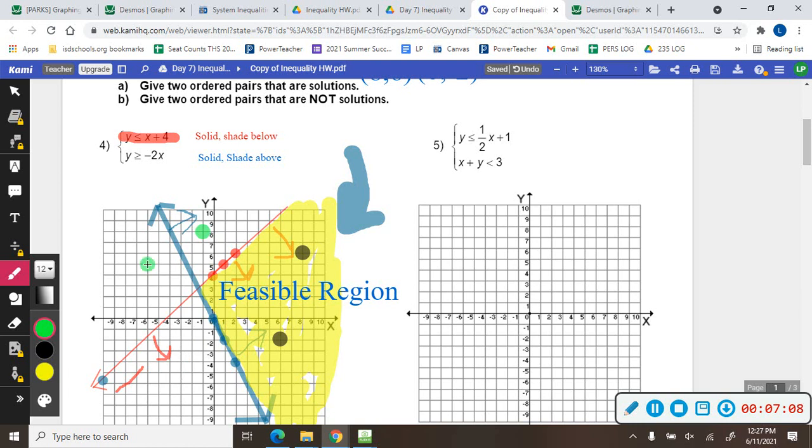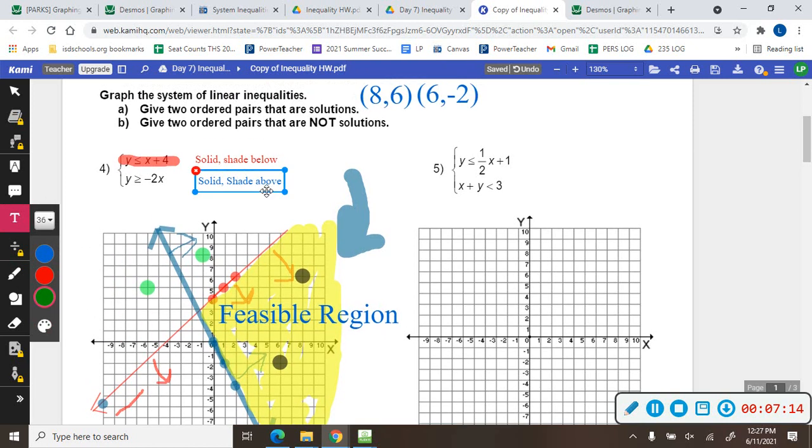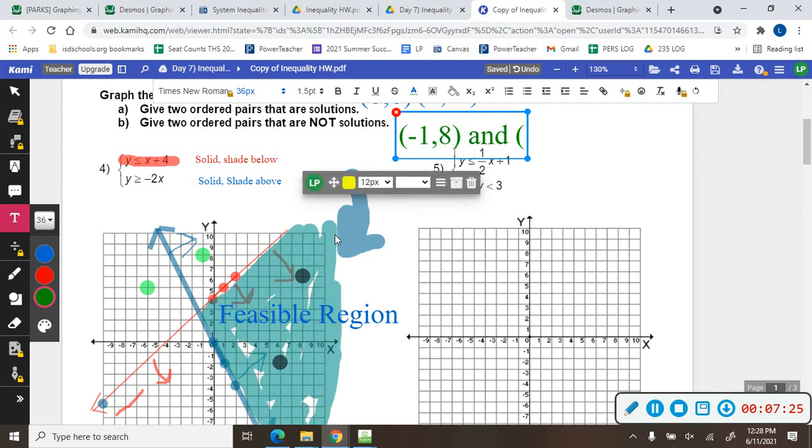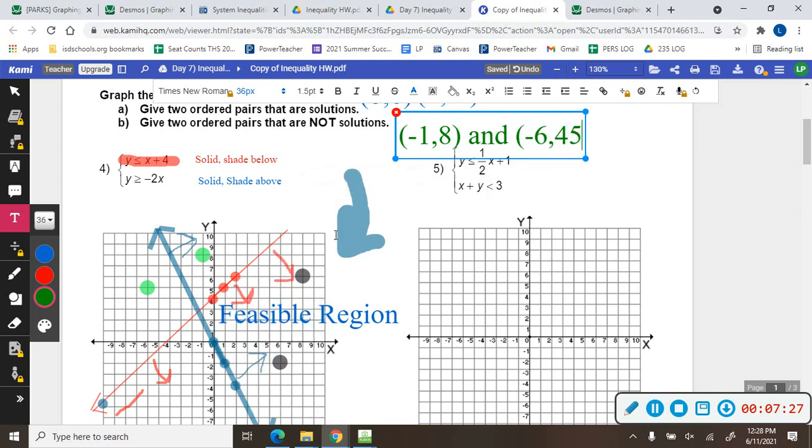Anything over here is not a solution. So the 2 points I picked just randomly was negative 1, 8. And negative 6, 5. Those are two examples of coordinates that are not solutions.